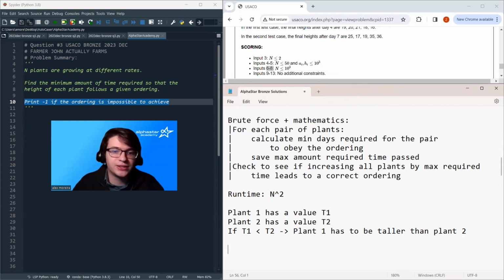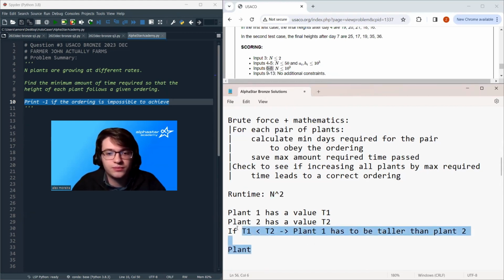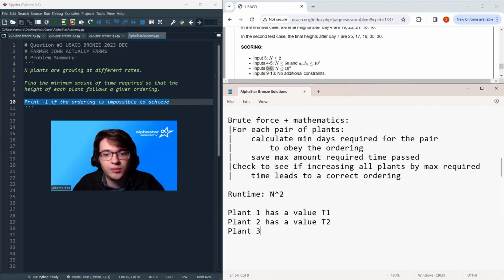suppose I have 3 plants. So I have plant 1, plant 2, plant 3. Say I have these 3 plants, and they have the following t values. In particular, let's suppose that T1 is less than T2 is less than T3, right?